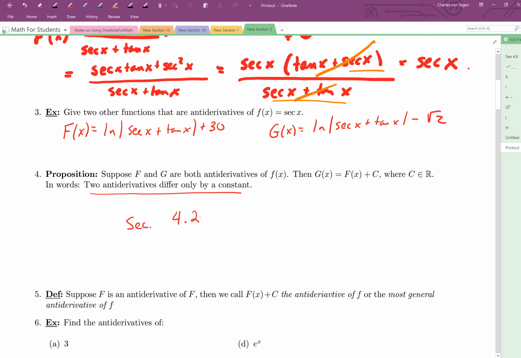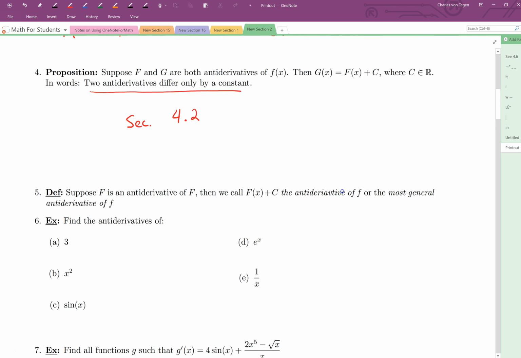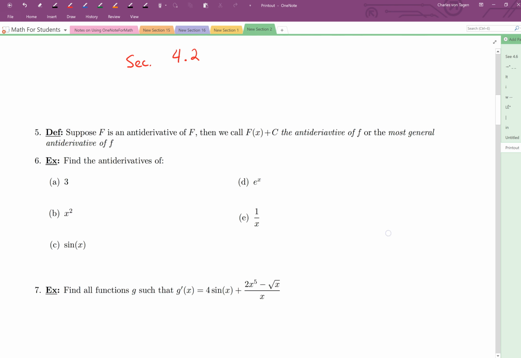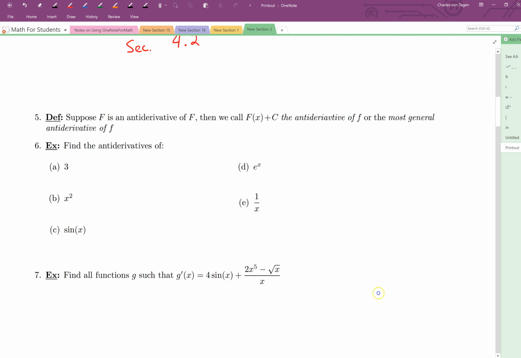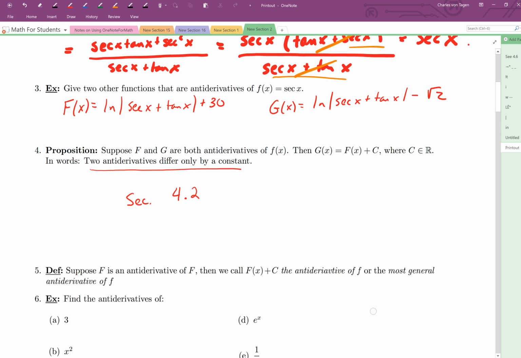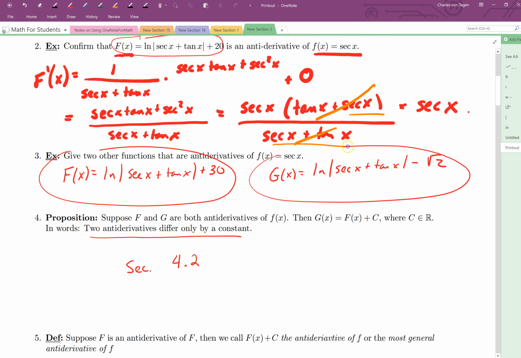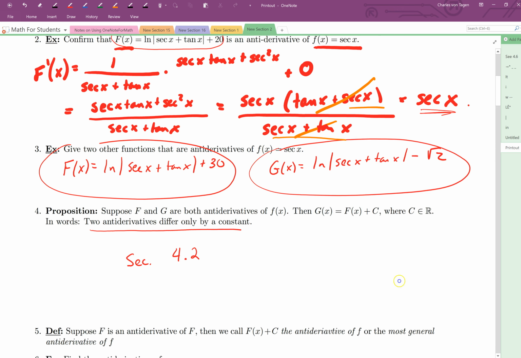You can go back and look at that theorem and how we proved it. So we just said that all three of these functions, the one I gave you to begin with, this function here and this function here, they all have the same derivative, secant of x.